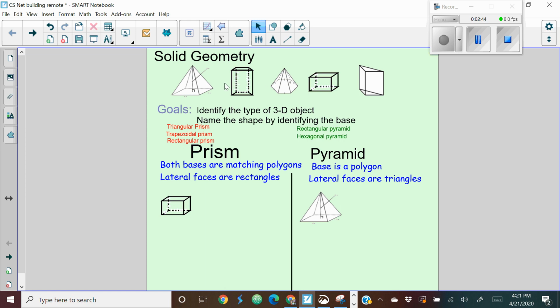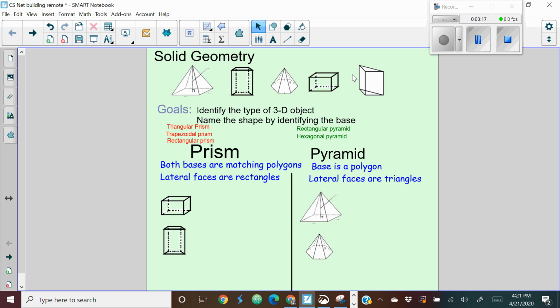So this object here would be a prism because it has two bases that match, and the lateral faces or the sides are rectangles. Whereas this object here is a pyramid because the sides are triangles, or the lateral faces, and it comes to an apex, but it does have a polygon base. It's actually a hexagon.